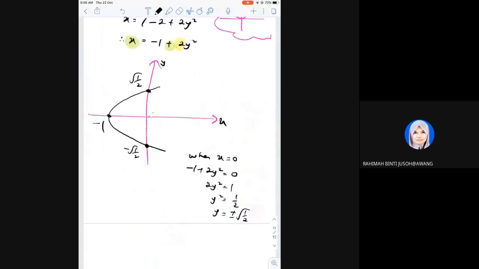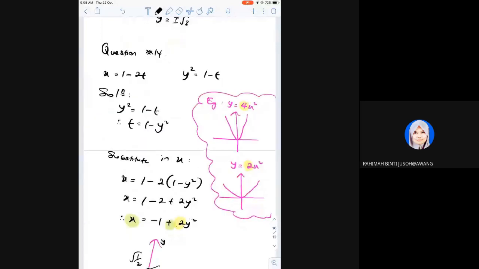Alright. So now orientation. Orientation guys. When t increase, what happened to x? Dia tolak ni. Kita tengok betul dia tolak. What happened to x? Decrease. Okay? And then how about y? When t increase? Decrease.